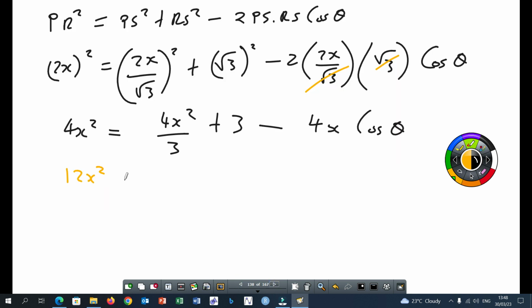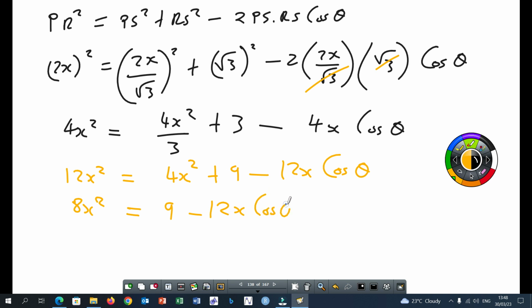Right, so that will be 12x squared is equal to 4x squared plus 9 minus, okay, I have to multiply that by 3, so we've got another 12x cos theta. Then these two are like terms, so they'll give me 8x squared is equal to 9 minus 12x cos theta.